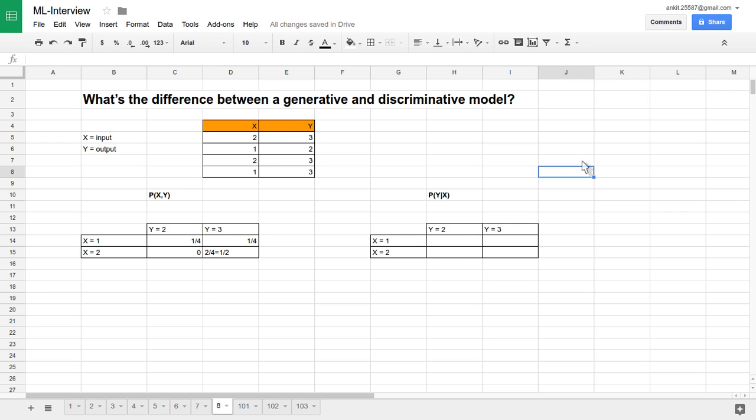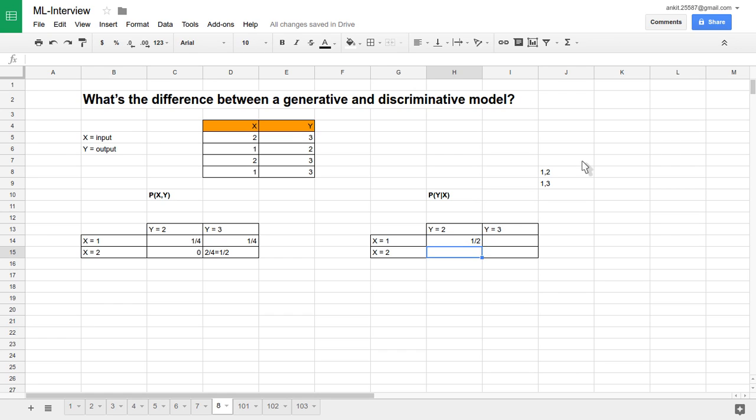Out of those 2, 1 comma 2 occurs one time. So 1 by 2. We need to consider only those pairs where x is equal to 1.